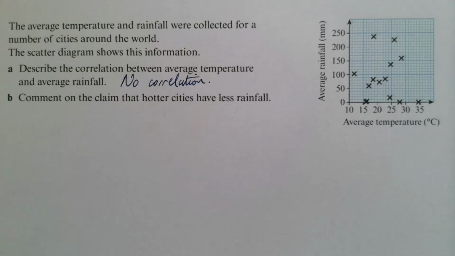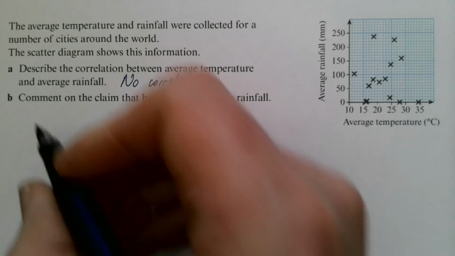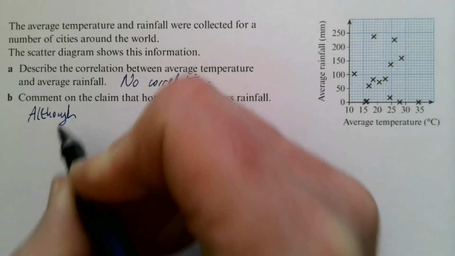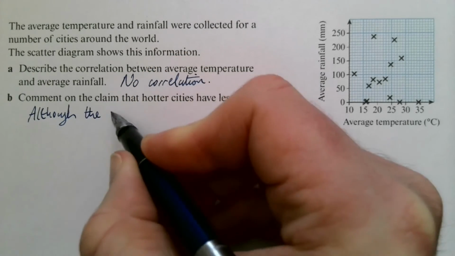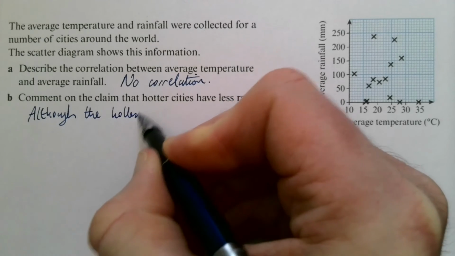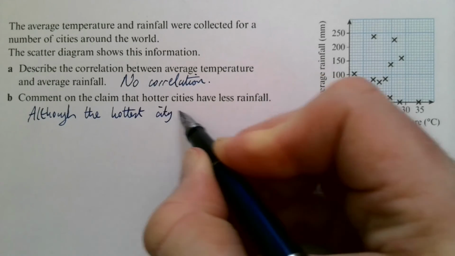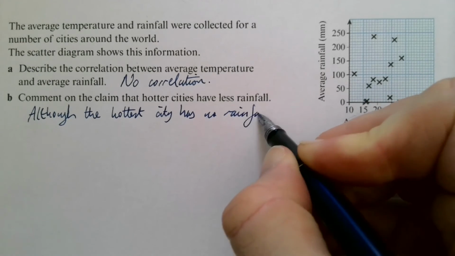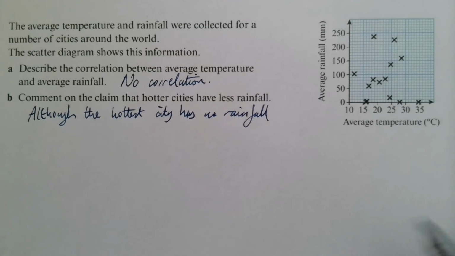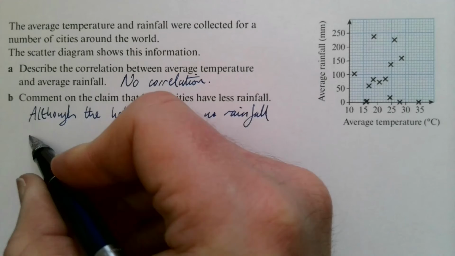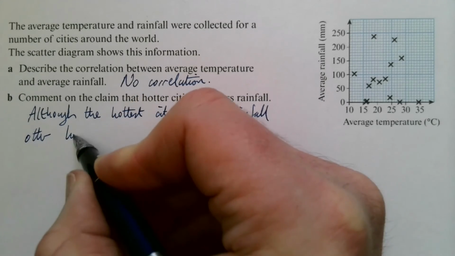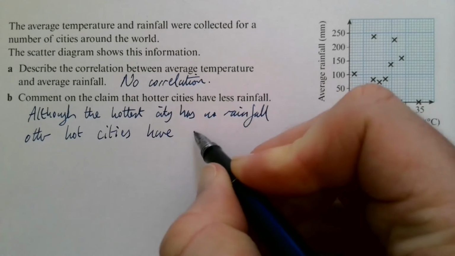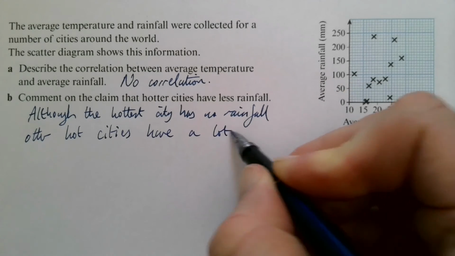So although you might want to show that you've noticed that the hottest city has no rainfall, other hot cities have a lot.